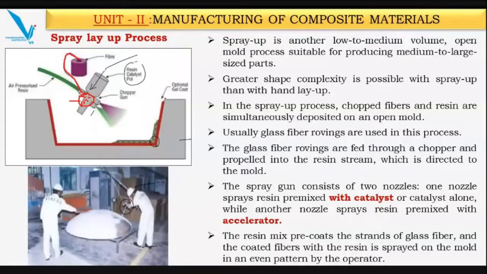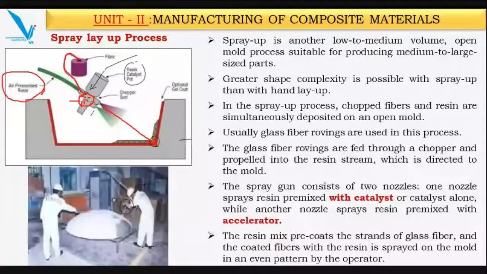You can use some operators. Spray is another low to medium volume open mold process, suitable for producing medium to large size parts of complex shape. One thing is that you can even reach the corners. That is the main advantage. Even very small sections can be reached, because you are using compressed air under high pressure.